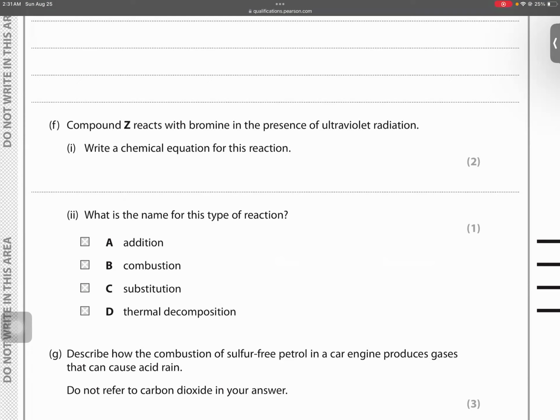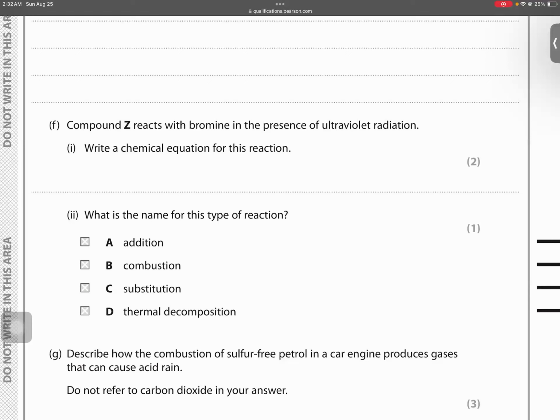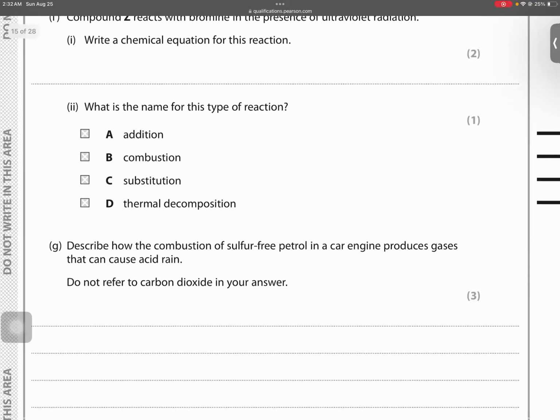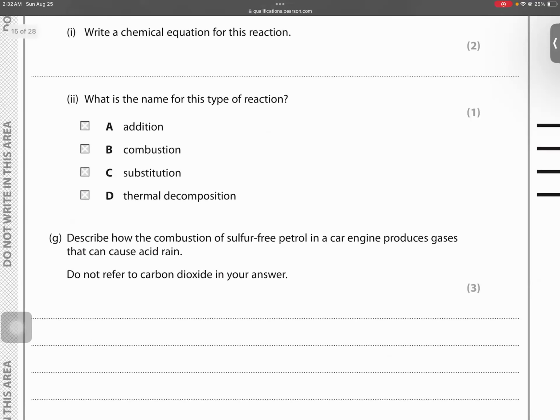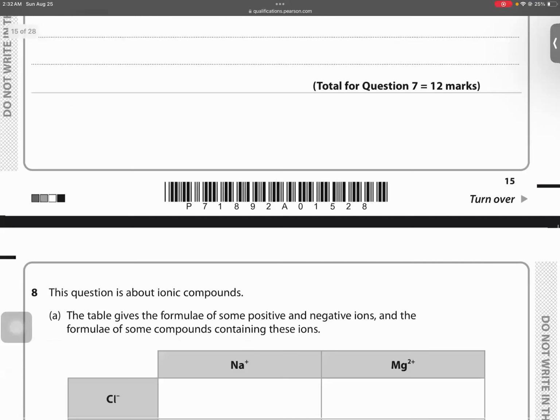It's a substitution reaction. Yes, it's a substitution reaction. Okay, good. Question.